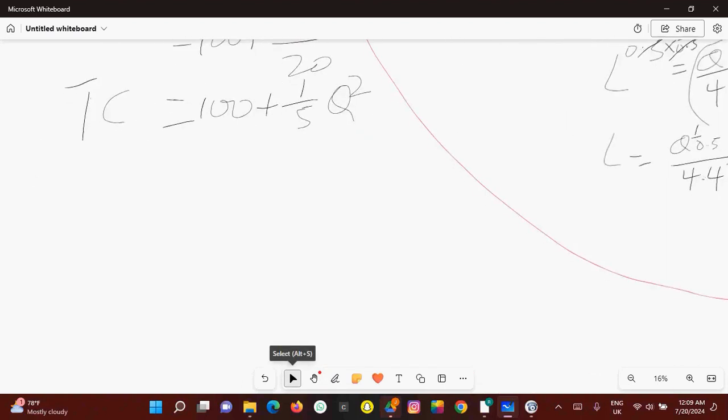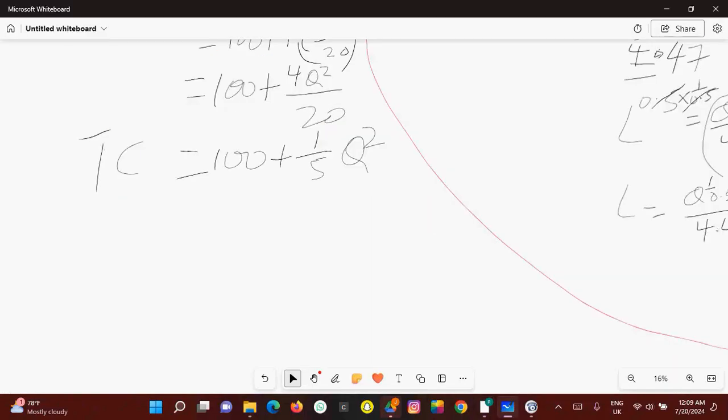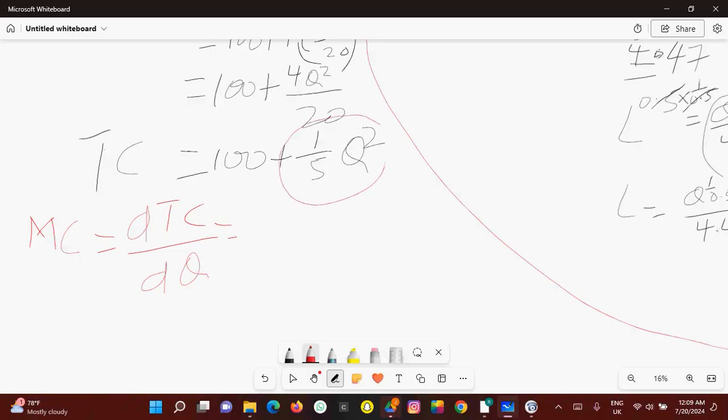So now the question said we should derive the total cost function, and now it is saying that we should derive the marginal cost and average cost function. So marginal cost: MC is equal to differentiating TC with respect to Q. So we are only going for this here.